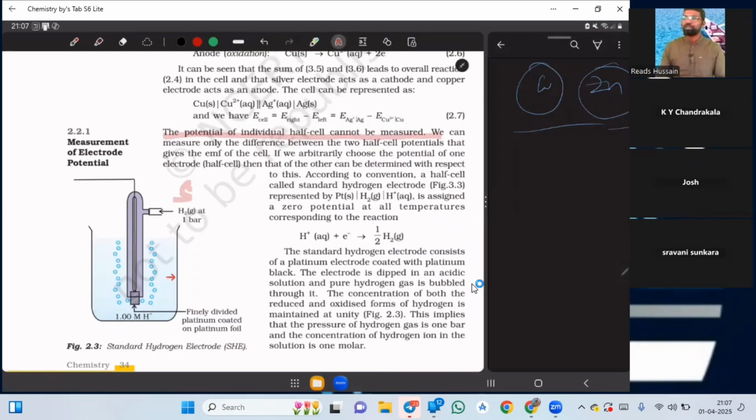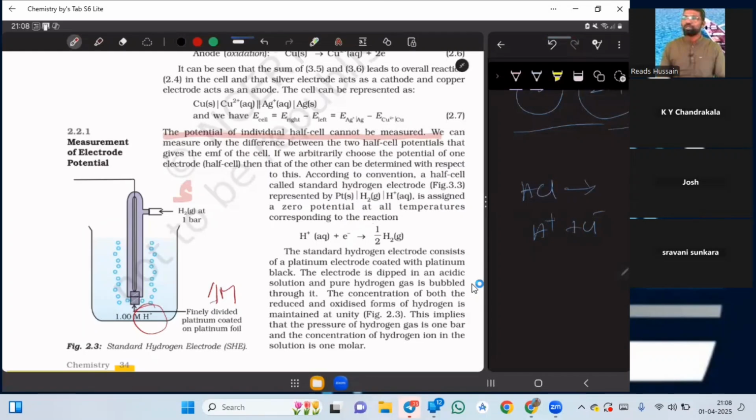This is a vessel filled with dilute hydrochloric acid whose molarity is 1 M. This is the H plus ion belonging to HCl, since hydrochloric acid consists of H plus and Cl minus. So the concentration of this HCl we have taken is 1 molar, right?